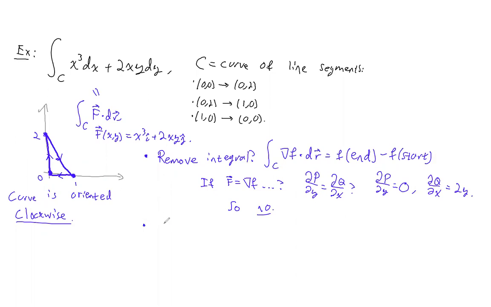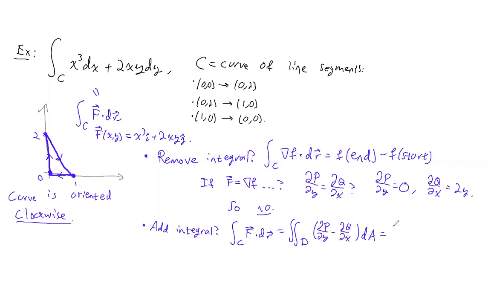Let's try our second strategy, which is adding an integral. We've got F dot dr is the double integral over D of del P del y minus del Q del x dA.